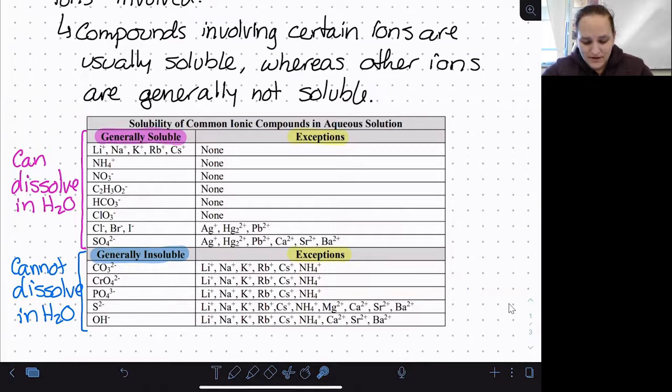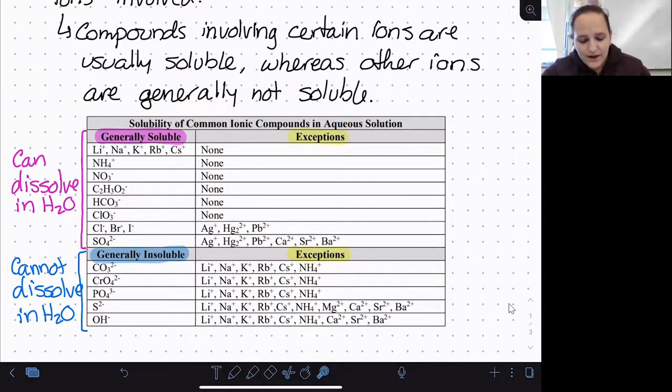Now, the exception lists down here look long and confusing, but really they're just some of these. The group 1A metals, lithium, sodium, potassium, rubidium, and cesium, are always soluble with no exceptions. So those are all down here as exceptions to things that are generally not soluble.